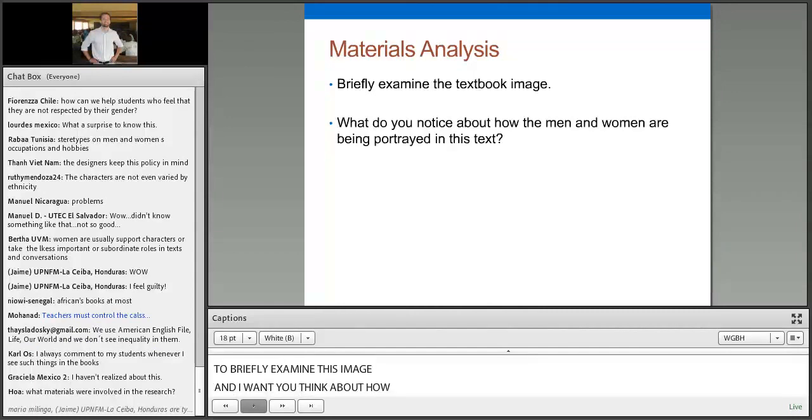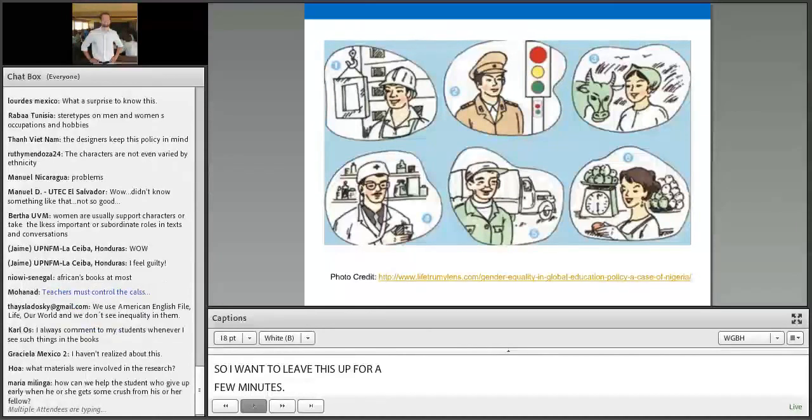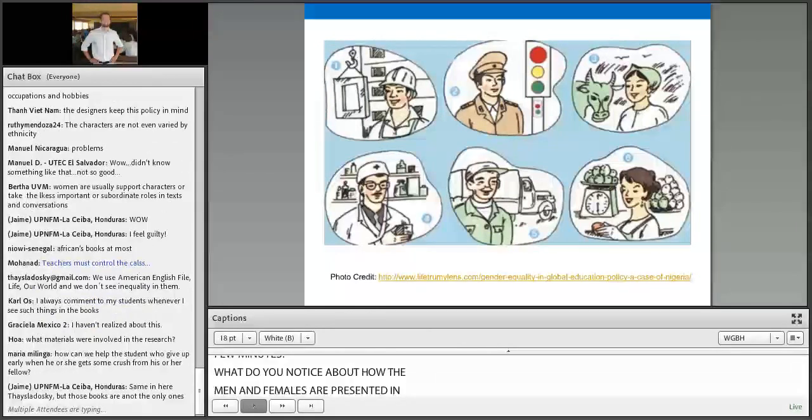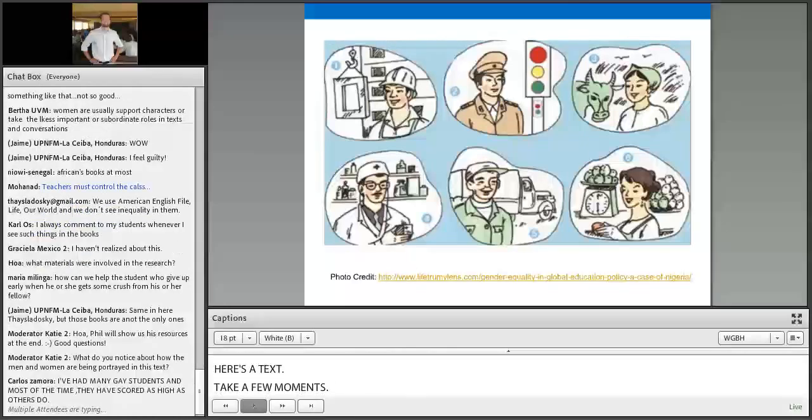I'll leave the image up for a few seconds, and I want you to take notes and share your ideas in the chat box. What do you notice about how the males and females are being presented in this image? So here's your text. Take a few moments.